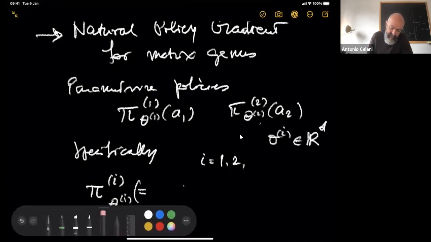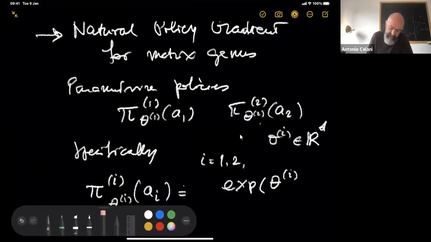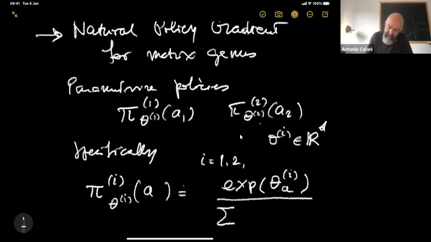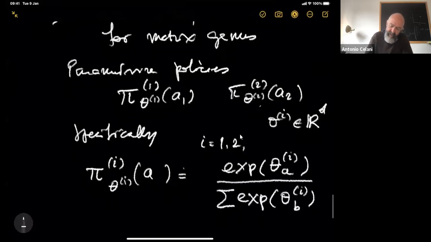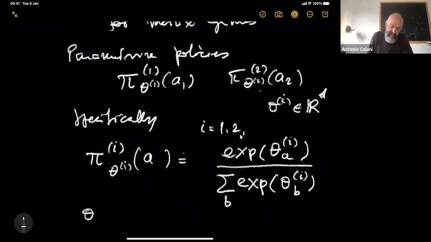So the probability of taking action A I, because this is the action taken by agent I, so I repeat all this I for the agent many times, is exponential of theta I A, this is getting weird, so let me just use it without an index here, divided by some normalization factor, which is the sum of exponential of theta I B. So this is a way of parameterizing my policy, and this is normalized over B. So I have parameters for my agent I. He has parameters theta I 1 up to theta I k, where k is the number of actions.